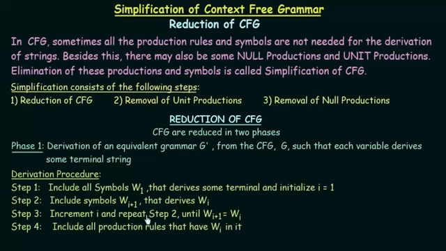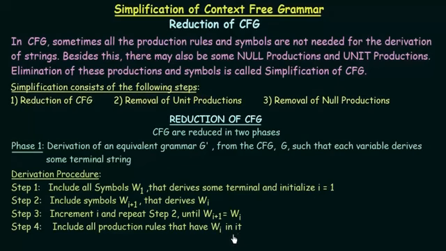So we repeat this step until two consecutive steps produce the same sets. If the elements of the sets in two consecutive steps are the same, then we stop the process, and then we include all production rules that have Wi in it. So after getting this final set Wi, we will include all the production rules which contain only the symbols in the set Wi. So that is phase number 1. Don't worry, even if it sounds a little confusing, it will become very clear when we take the example.